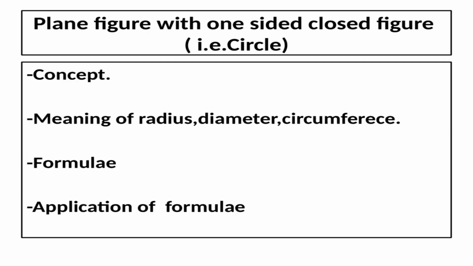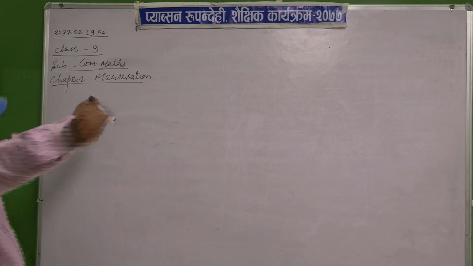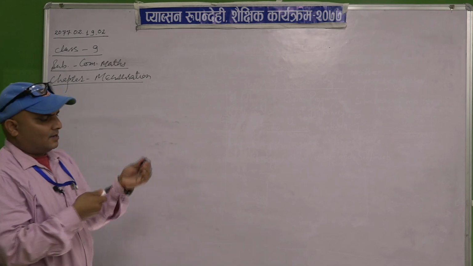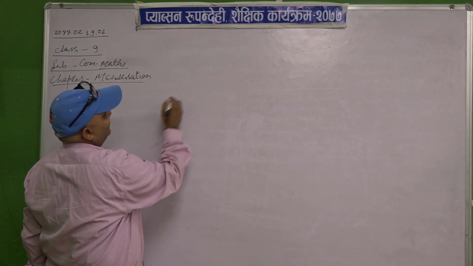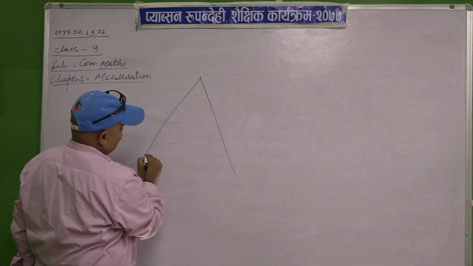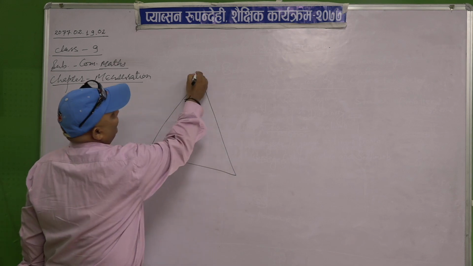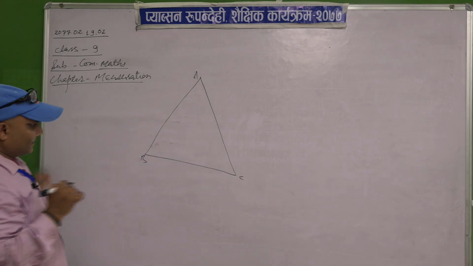Okay, now we are going to study about a one-sided closed figure, that is the circle. Okay, now come to the board. Please come to the board. Okay, students. About perimeter, what I had told you: suppose this is a triangle, and the name is ABC.